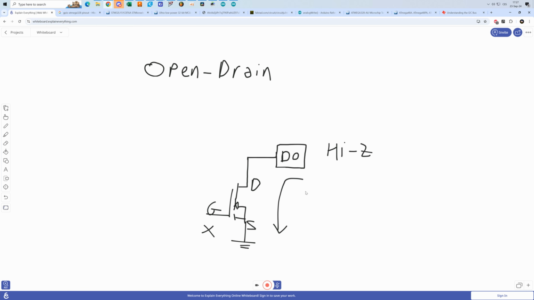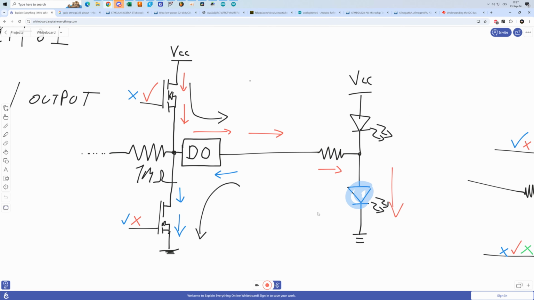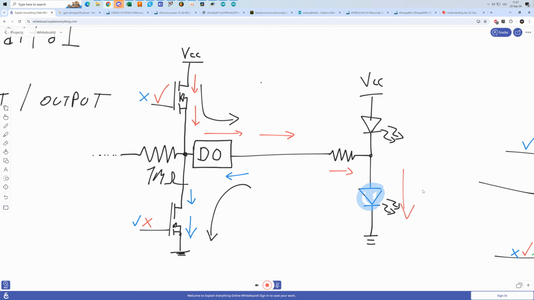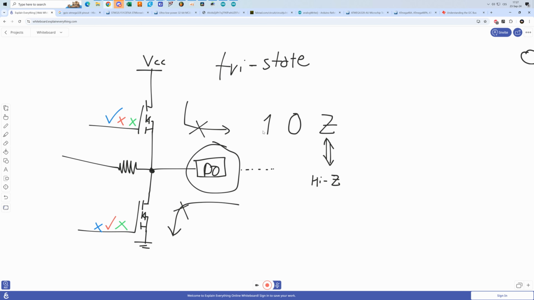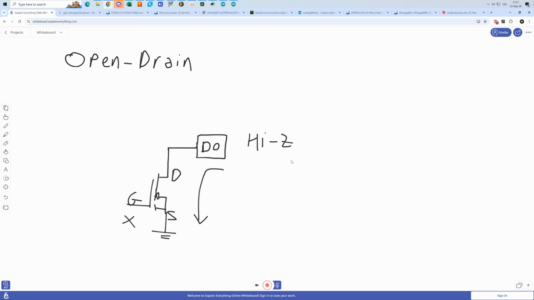So just to recapitulate, push-pull could do either high or low. A tri-state could do either high or low or high Z. And open drain can only do either 0, logic low, or high Z.